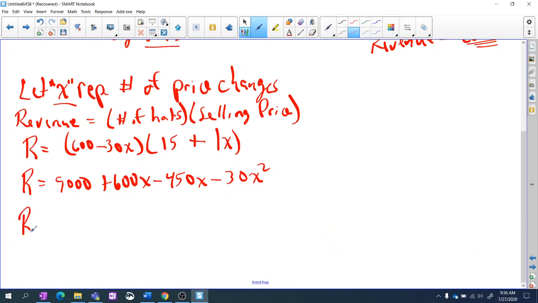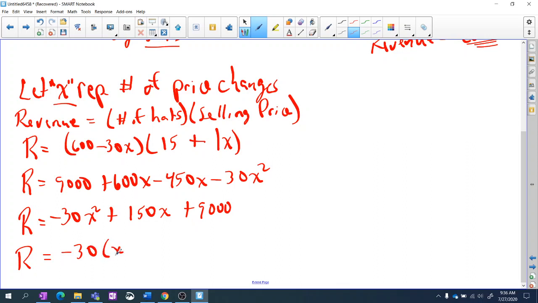Alright, so my revenue will be negative 30x squared plus 150x plus 9,000. So revenue will be negative 30 x squared, take away 5x plus, leave room, plus 9,000.